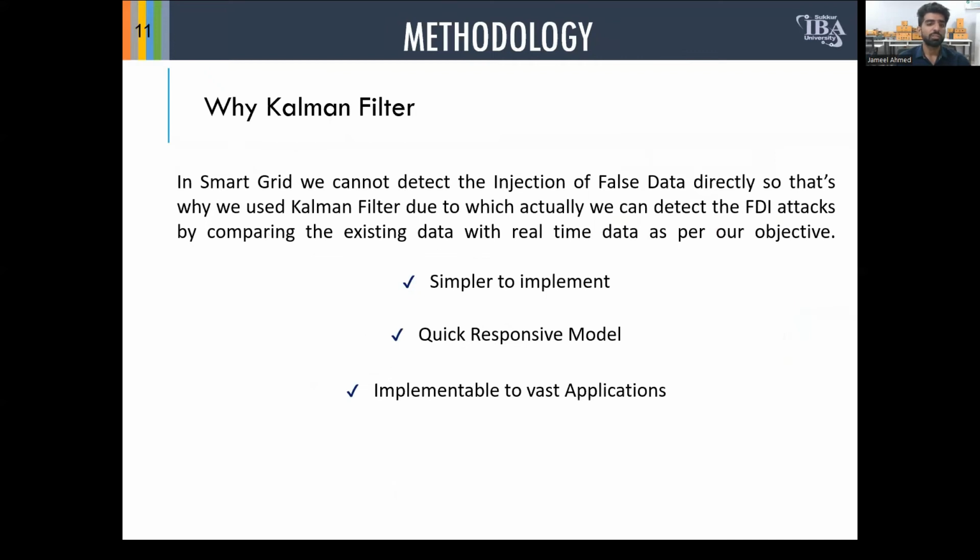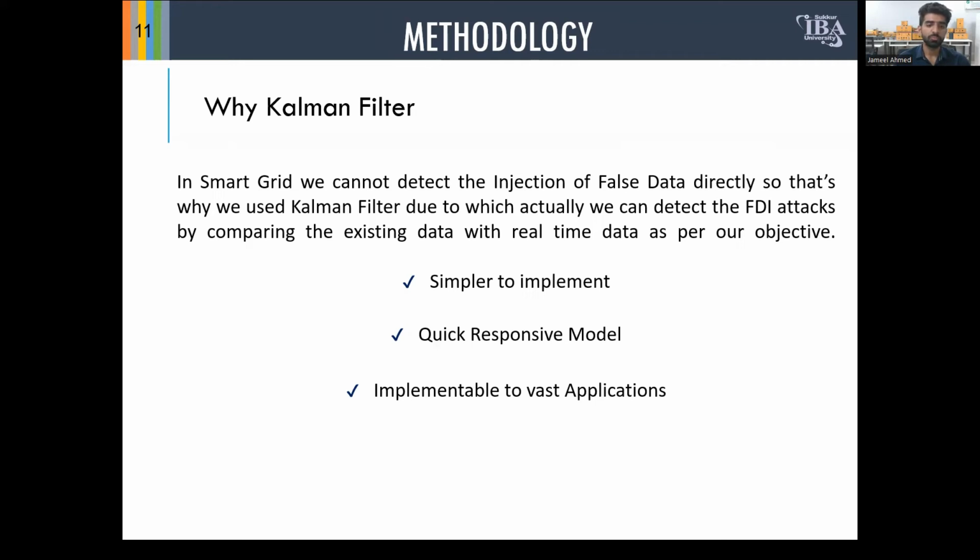So why did we use the Kalman filter? There are many other filters, like the adaptive filter. Why do we prefer the Kalman filter? As I told, the Kalman filter is a filter that helps to measure indirect variables. Same as in a smart grid, we cannot detect the injection of false data directly.